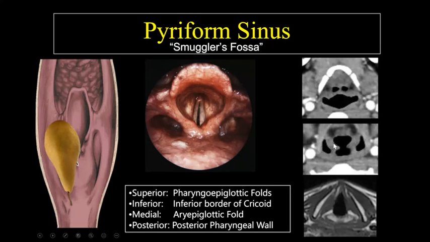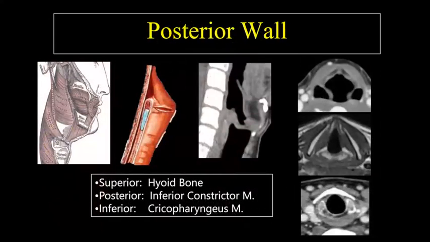A little bit more inferiorly, we can see the aryepiglottic fold forming the medial wall of the piriform sinus. And on this non-contrast T1 weighted MR, we can see the hyoid, the cricoid cartilage, the arytenoid cartilage, the cricoarytenoid joint. And right at the level of the cricoarytenoid joint is the apex of the piriform sinus, which corresponds with the little narrowing here, the tip of the pear, if you will.